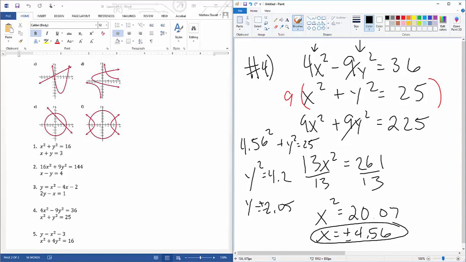Now if you notice, this is plus and minus. Well, if I plug in the negative and square it, it's going to give me the same values. So my values are going to be 4.56, 2.05, negative 4.56, negative 2.05, and then positive 4.56.